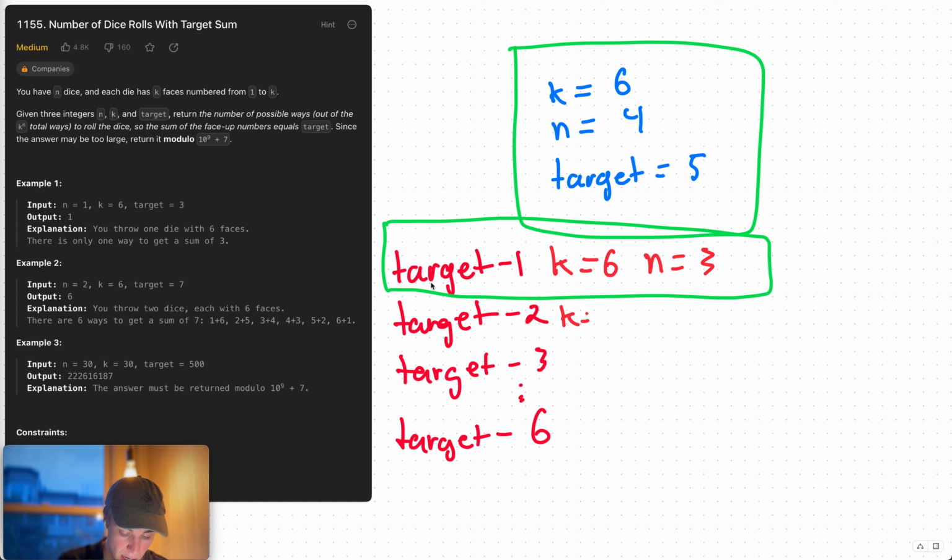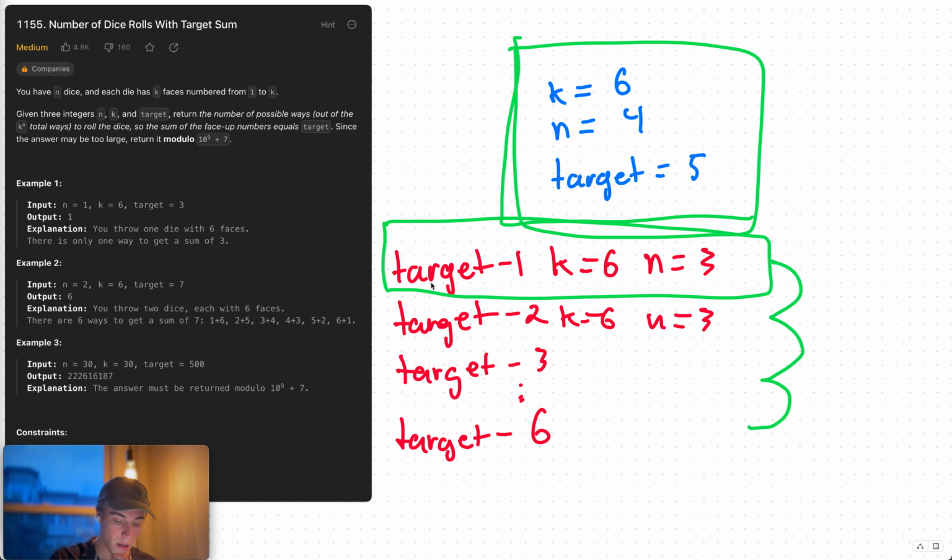And same thing, k equals 6, n equaling 3. The sum of all of these could give us the requested number of ways to get that target sum.